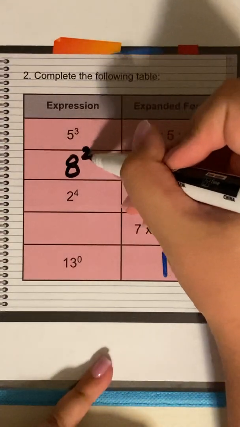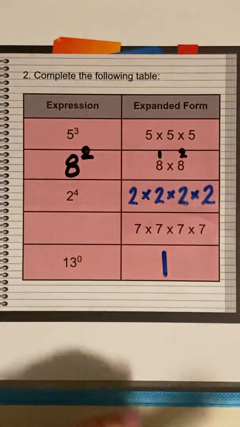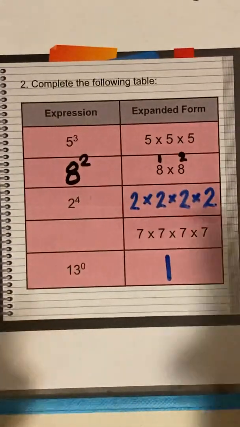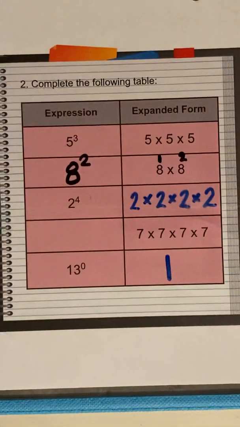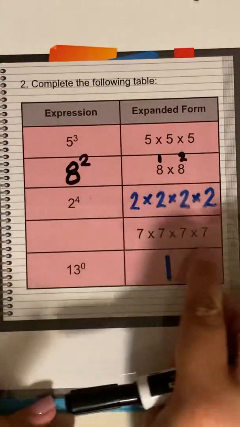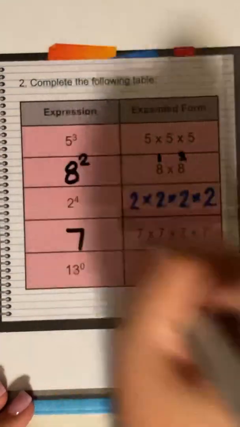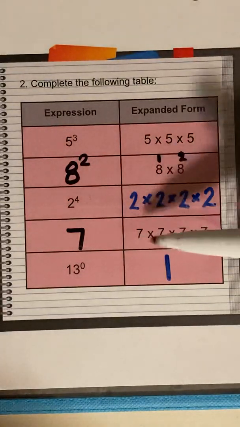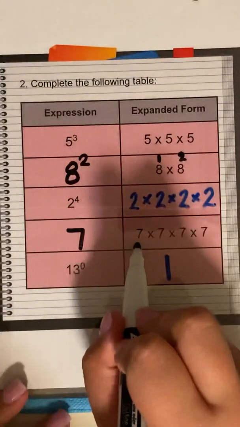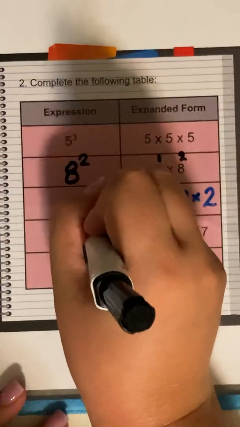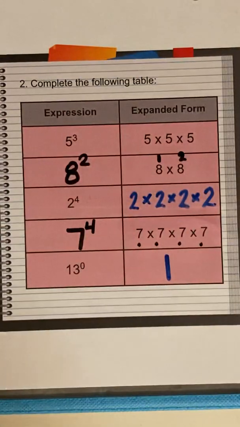So our exponent is going to be 2. So 8 squared. How about this one? What is our base? Well, our base is 7 because that's what I see being multiplied many times. How many times do I see that 7? 1, 2, 3, 4 times. So our exponent is going to be 4. 7 to the 4th power.